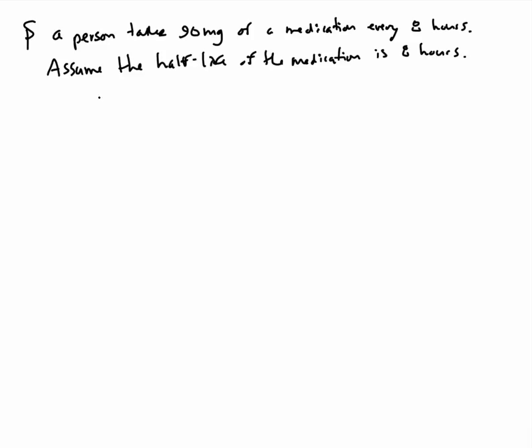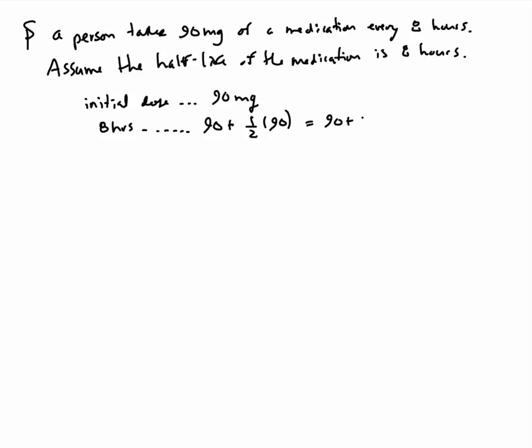With our initial dose, we know that we started with 90 milligrams. So 8 hours later, I take another 90 milligrams, but I have half of the 90 that I'd already taken previously.